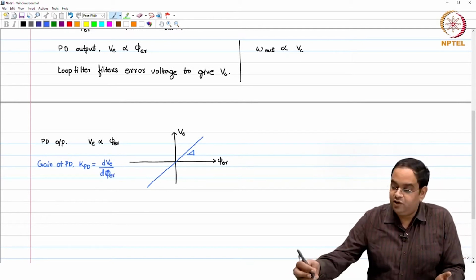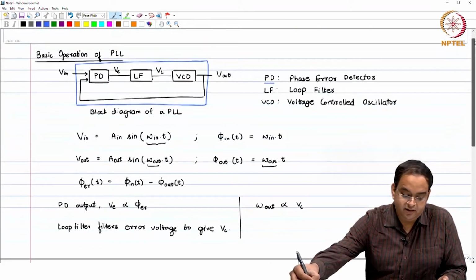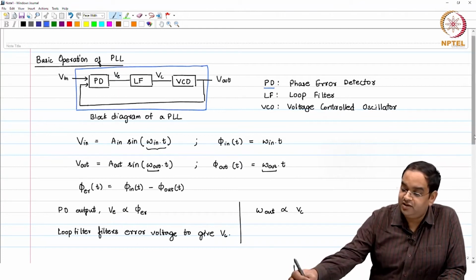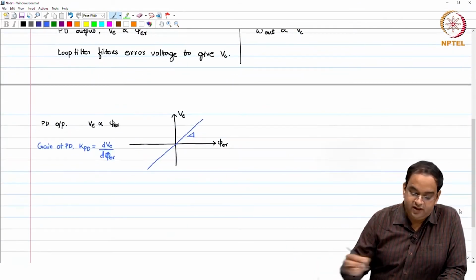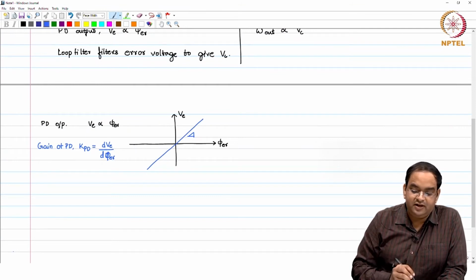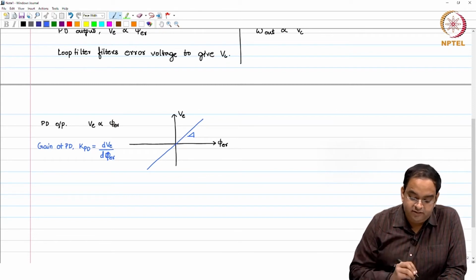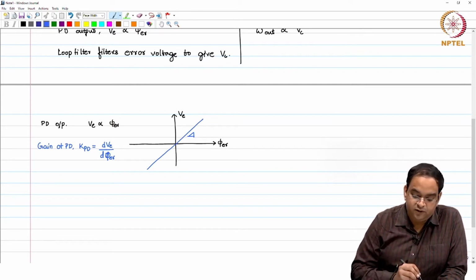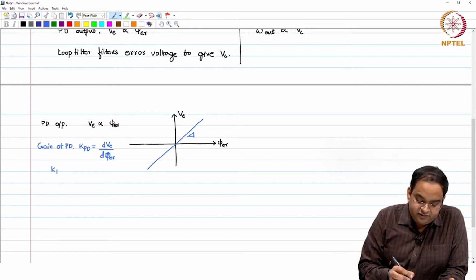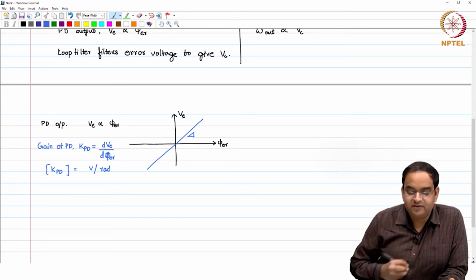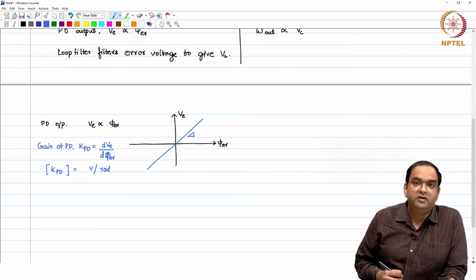So, when you have a certain phase error at the input of the PD, you get an error voltage proportional to the phase error, and the gain of this phase error detector is KPD, defined as the derivative of error voltage with respect to the phase error. The units of KPD, if you look from here, will be volts per radian, because phase is measured in radians.